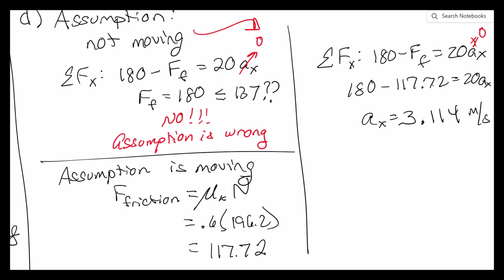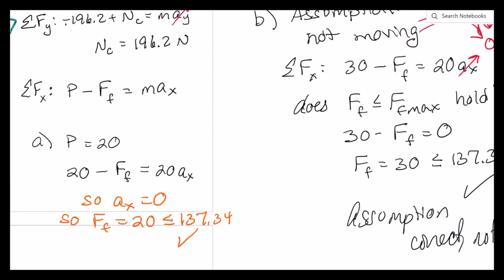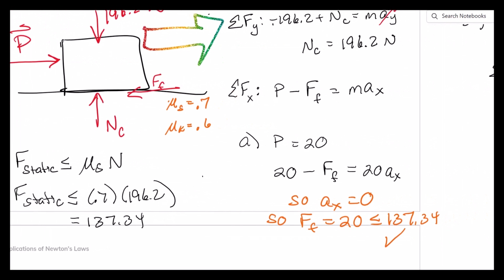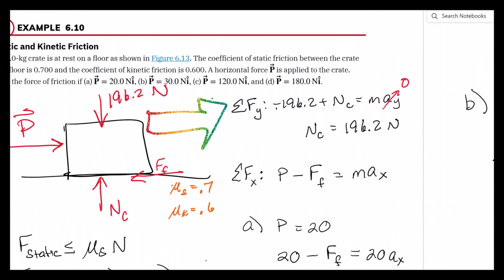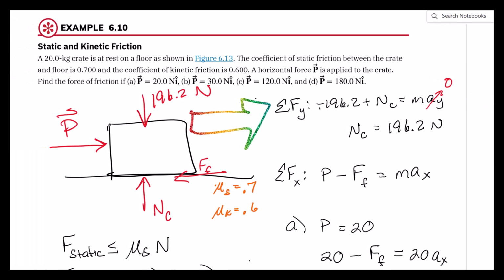However, there might be a part of you that goes, but if the kinetic force of friction is 117, you skipped P equals 120. If it had been 120, wouldn't it be moving? Okay, so see this here?